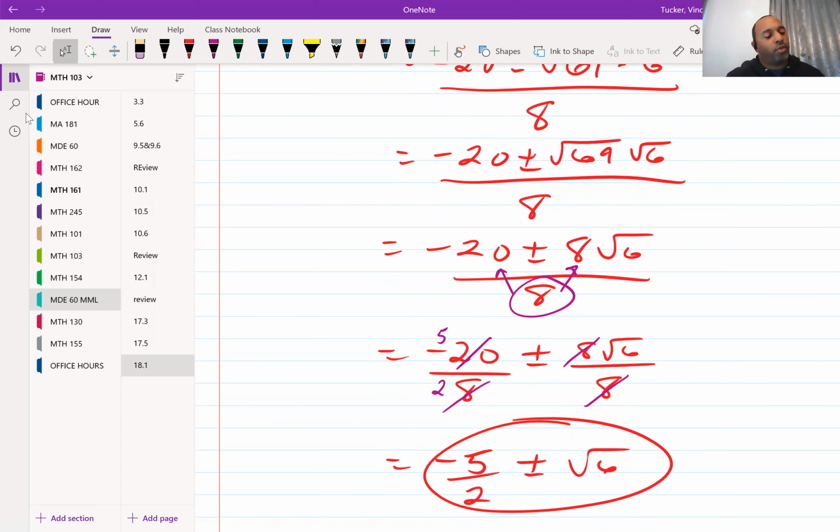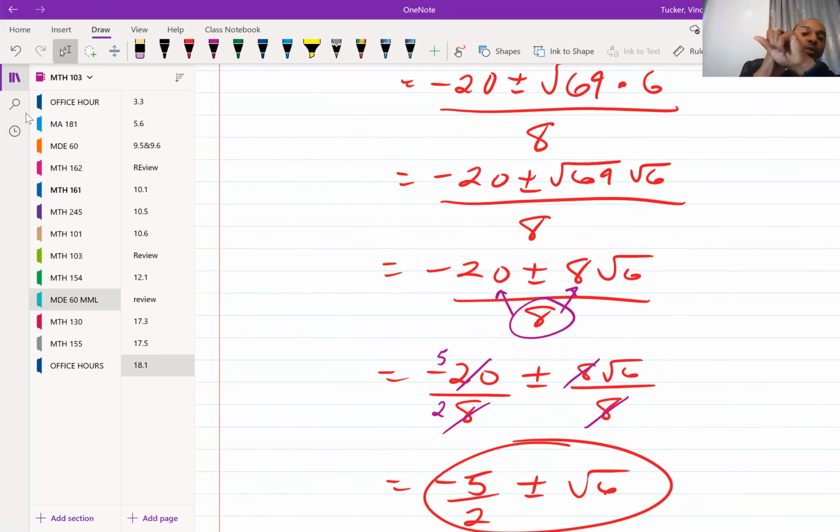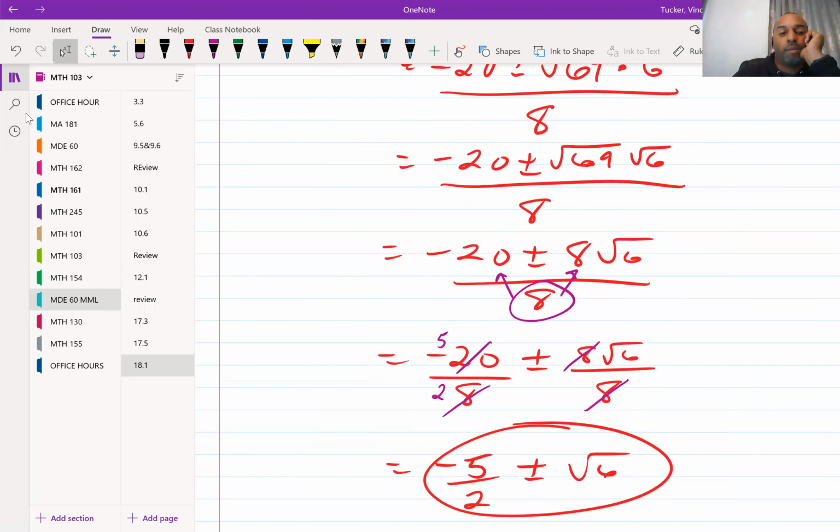All right, questions on either one of the processes that we talked about today? That's completing the square and the quadratic formula that we discussed today. We're good, right.